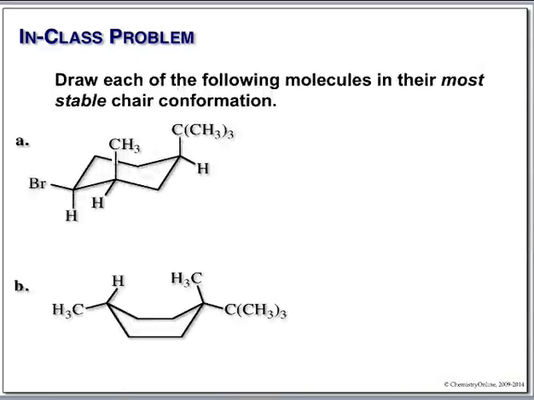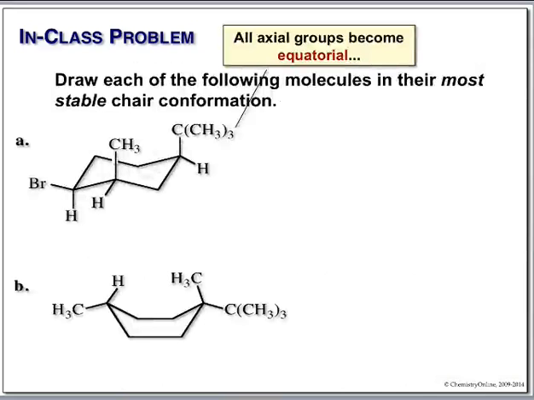We want to draw these cyclohexanes in their most stable conformation. We look at this and say, oh my goodness, there's a tert-butyl group here, and it's axial. We know that it must be equatorial.